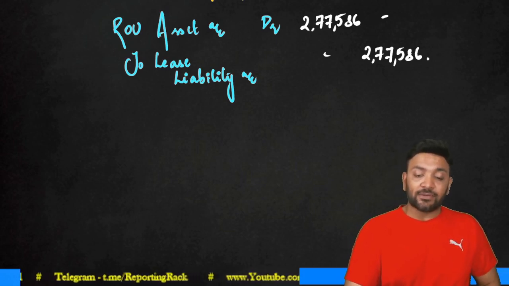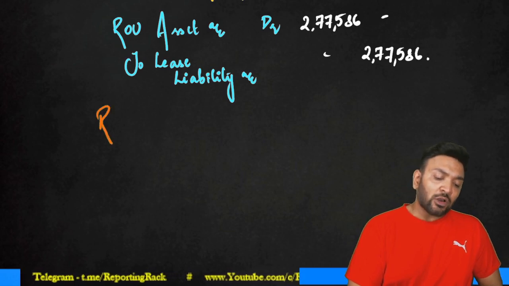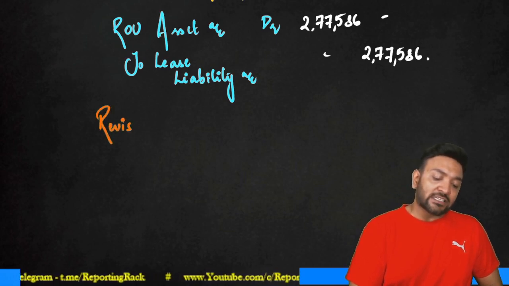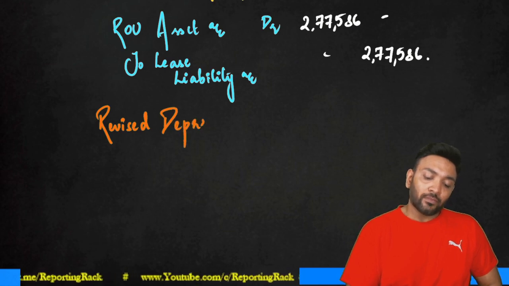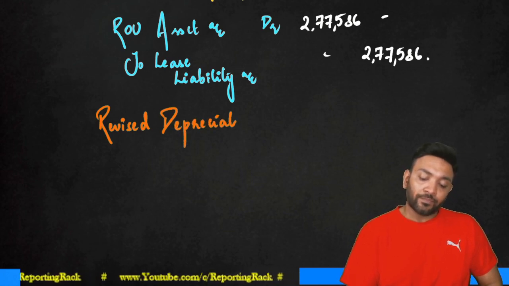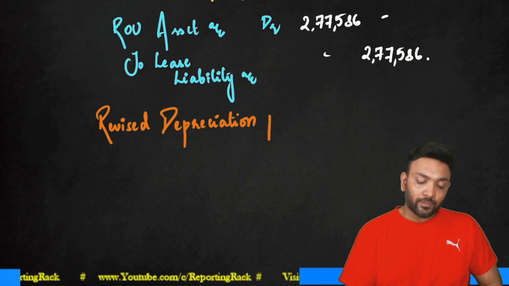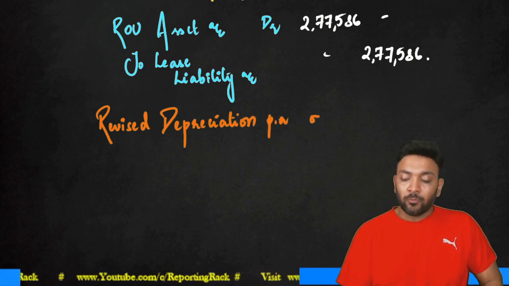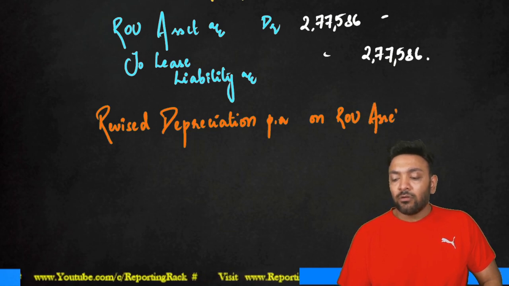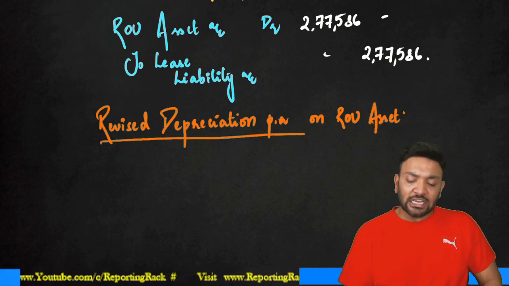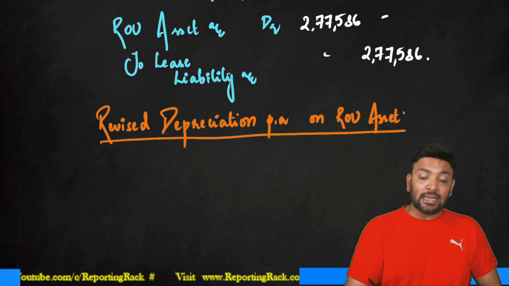in depreciation. So if I want to calculate revised depreciation per annum on ROU asset, first start with the original carrying value, then add the increase.